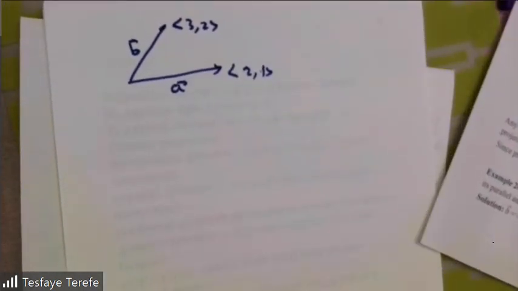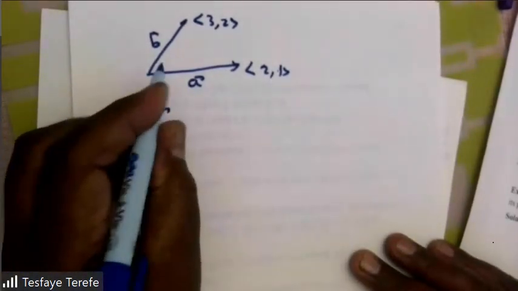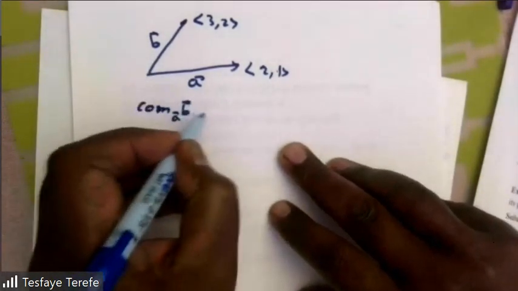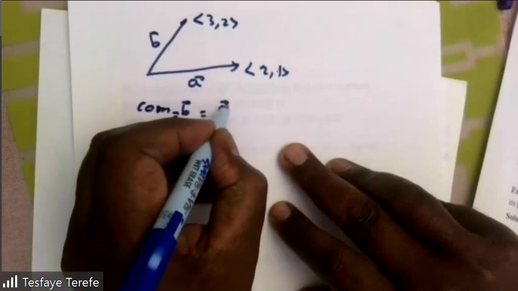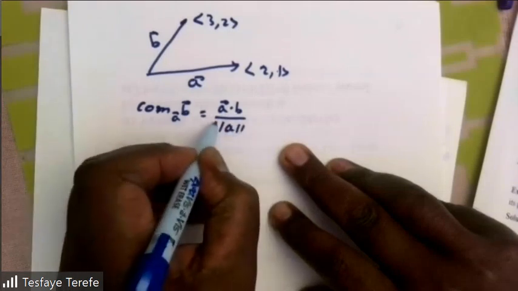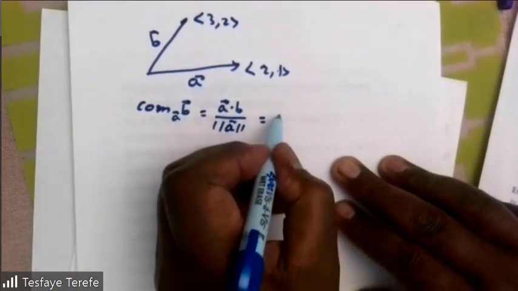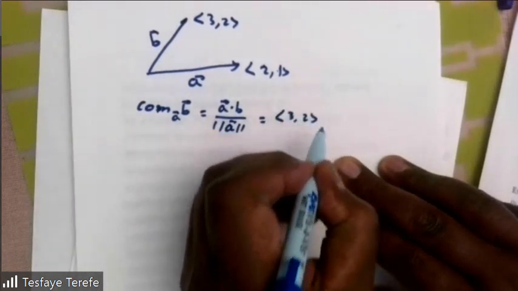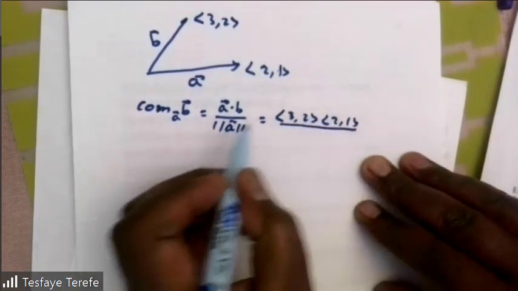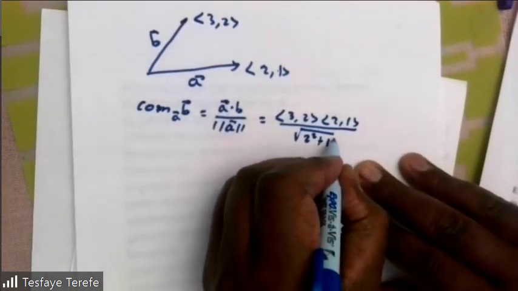And then now what I'm going to do is, let us find the component of B on A. And that is the dot product of AB over the norm of A. That is what I need to do. And that is (3, 2) dot (2, 1), divided by the magnitude of this, actually square root of 2 squared plus 1 squared.